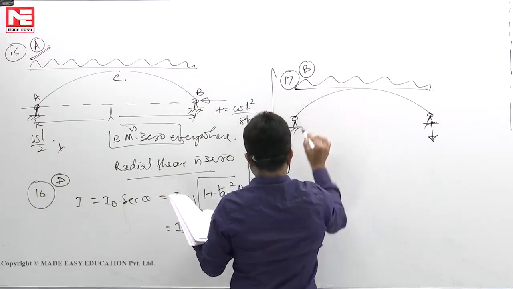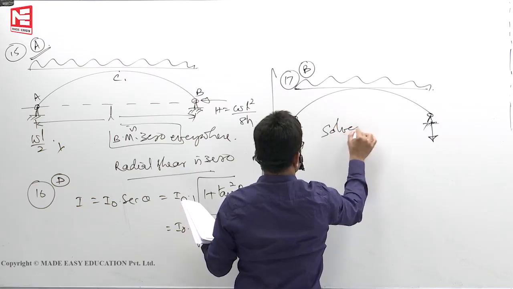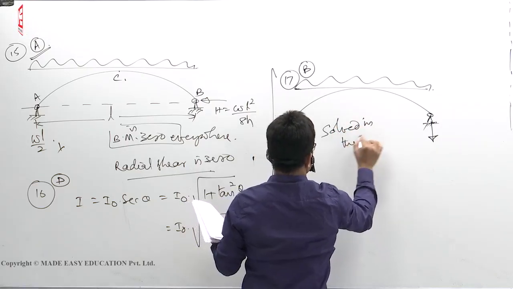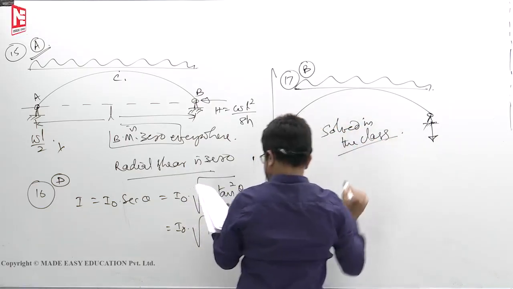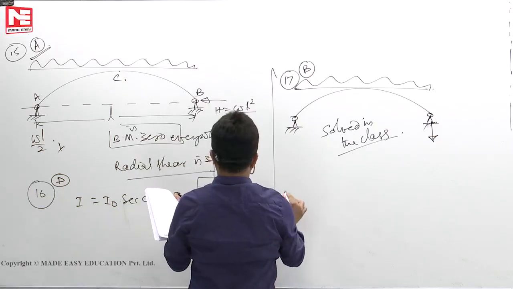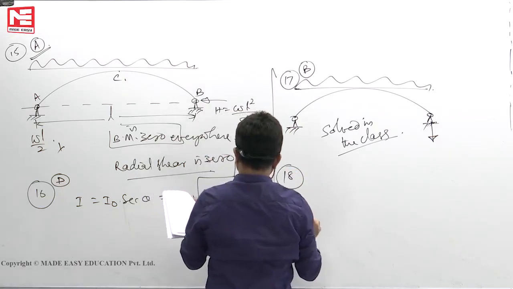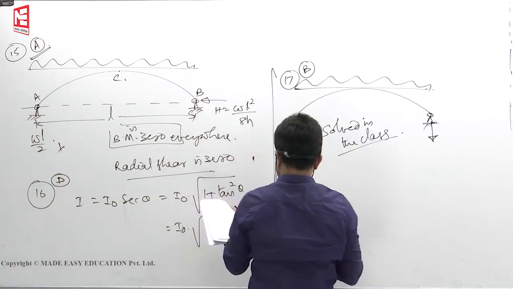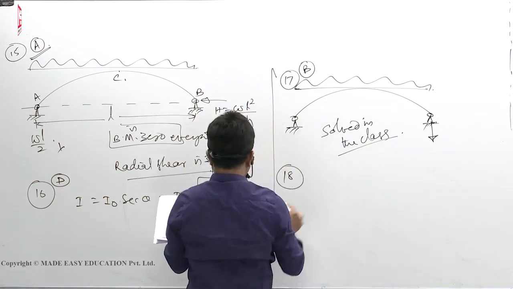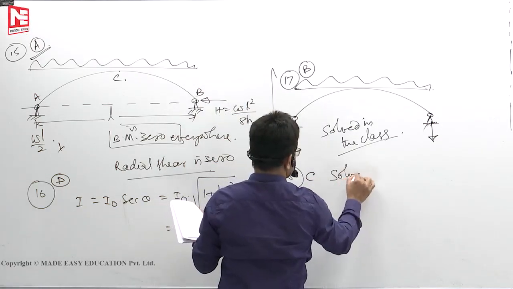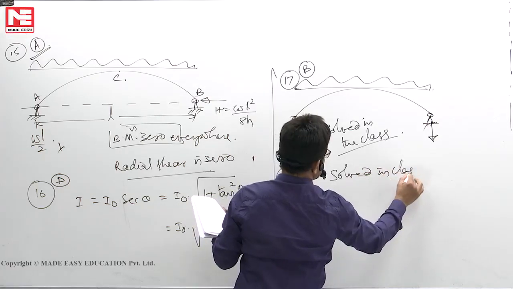B, decreased. Solved in the class. Why it is decreased, I gave you the reason. 18. Two hinged arch, an increase in temperature induces maximum bending moment at crown. This is also solved in class.